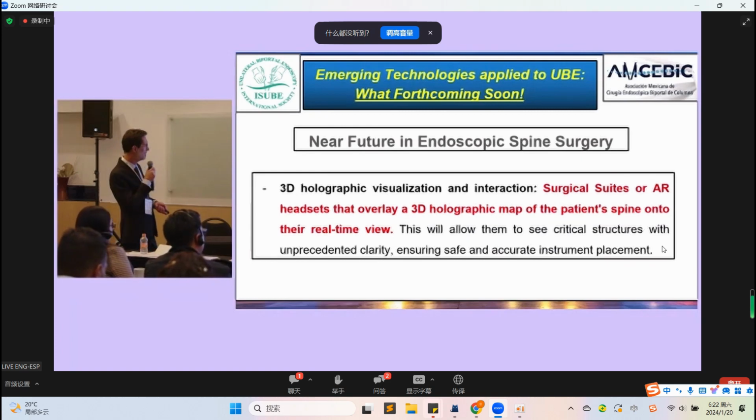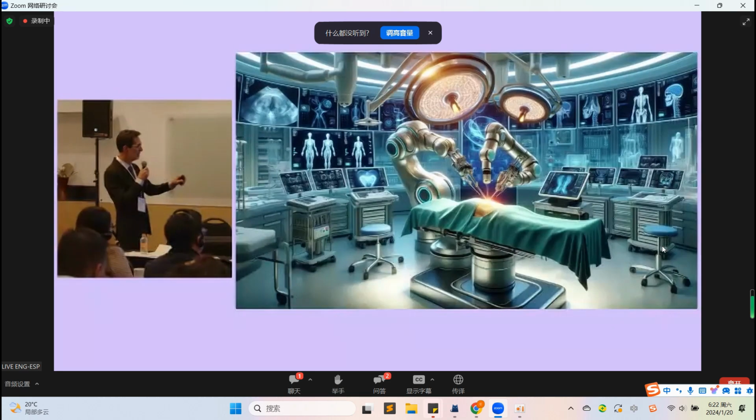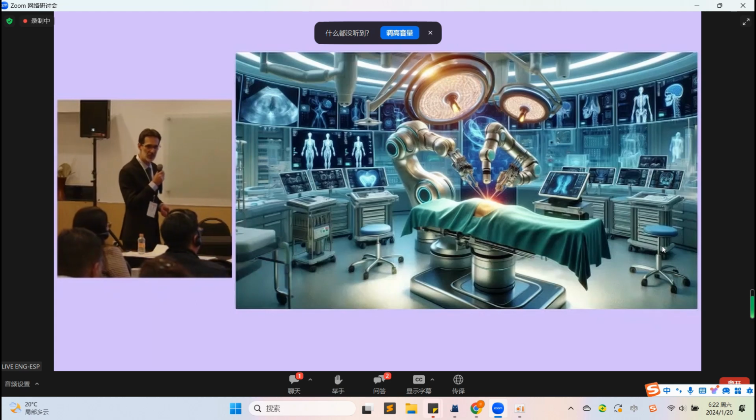Another technology is 3D holographic visualization, surgical suites with 3D holographic visualization. Something like this, yeah. It's a suite with a holographic system with a robot controlled by AI and the surgeon.